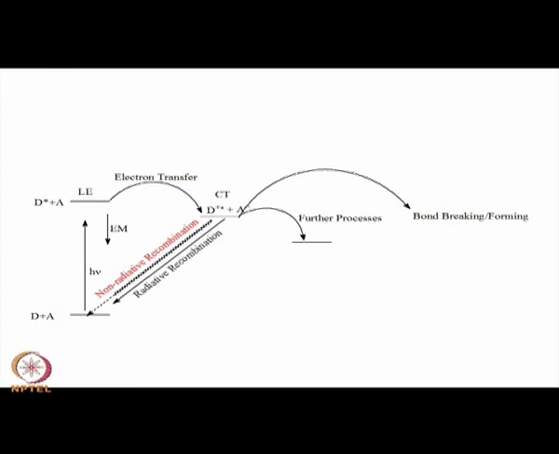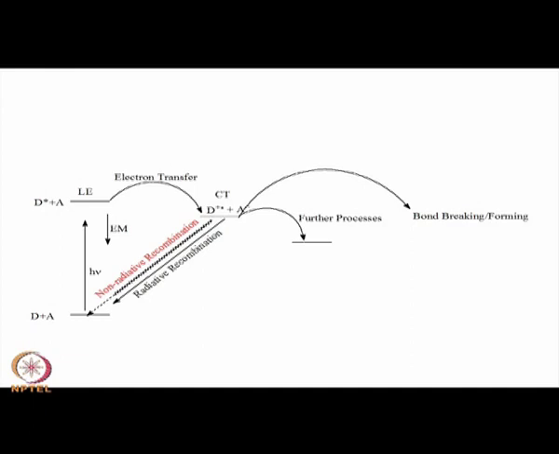Supposing this charge transfer state is prone to some chemical reaction, it will undergo further reaction to give you products. It may be bond breaking, or new bonds may be formed, or maybe some other processes, like 2 electron transfer, where D plus dot transfers another electron to A minus dot.